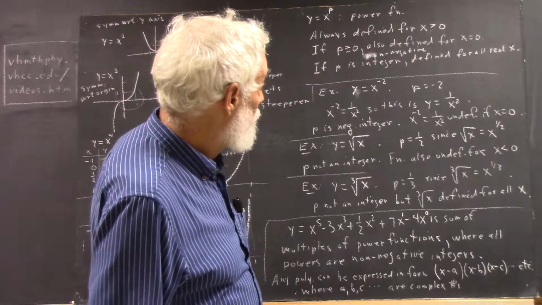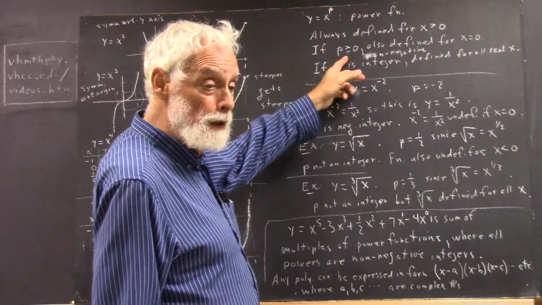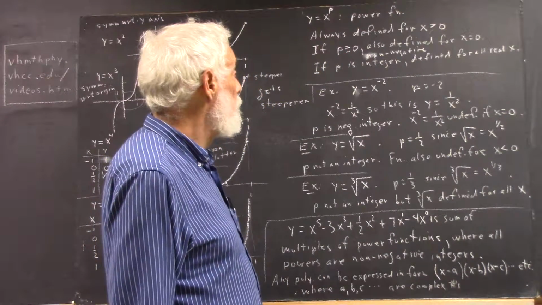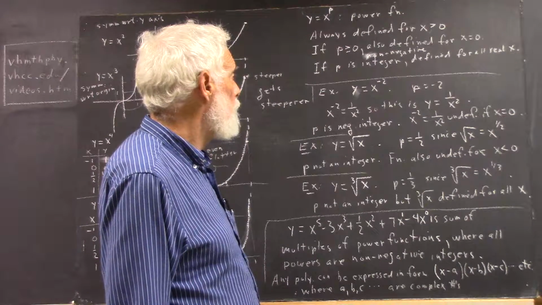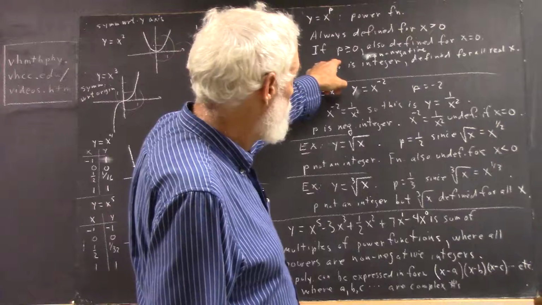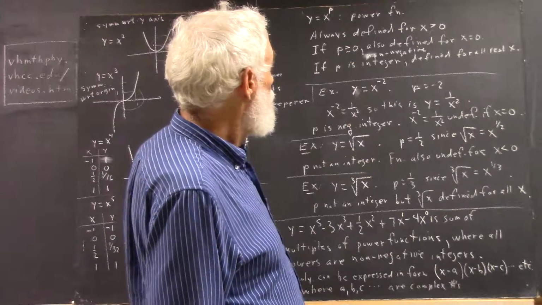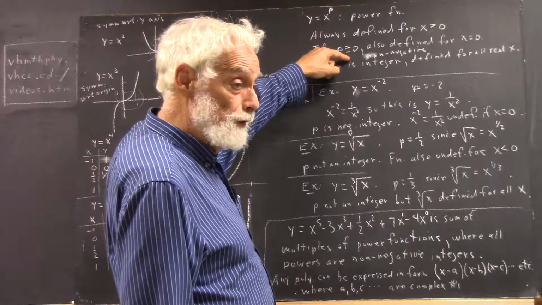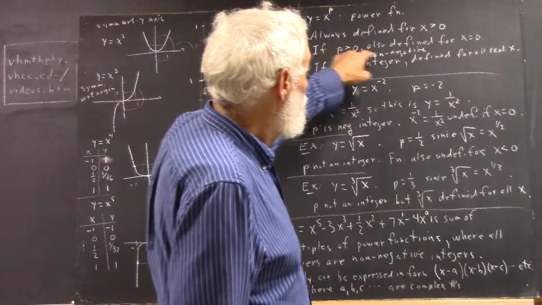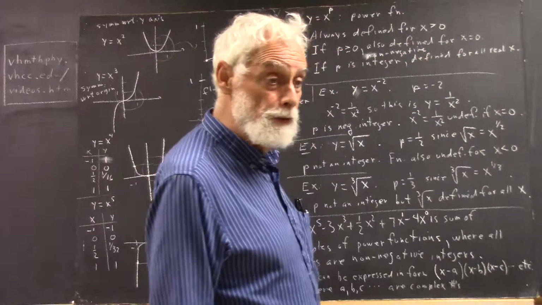Now, why isn't it defined for p equals 0? Well, I mean, the function is defined for p equals 0. If p is greater than or equal to 0, it's also defined when x is 0.